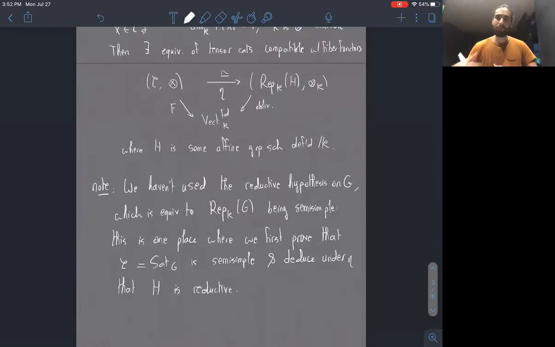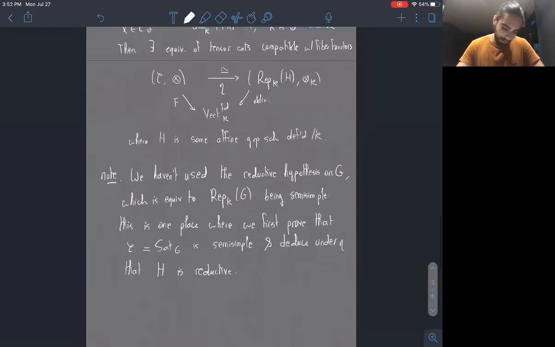So that's one first step towards identifying H: it must be reductive because perverse sheaves on the affine Grassmannian will turn out to form a semi-simple category.